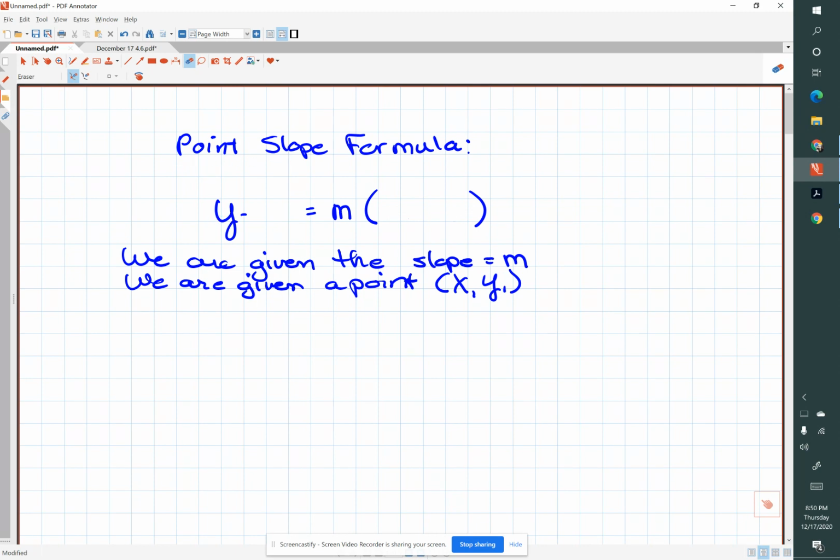Point slope formula: y minus y sub 1 equals m, the slope, times the quantity of x minus x sub 1. Let's erase the whole thing.